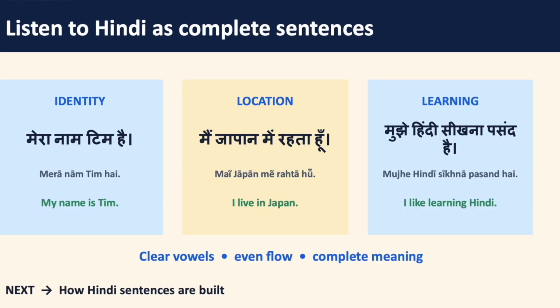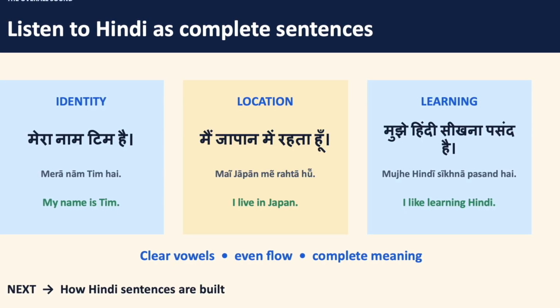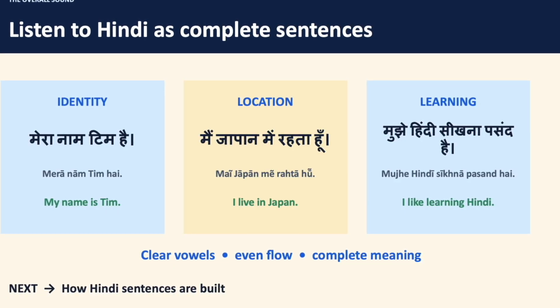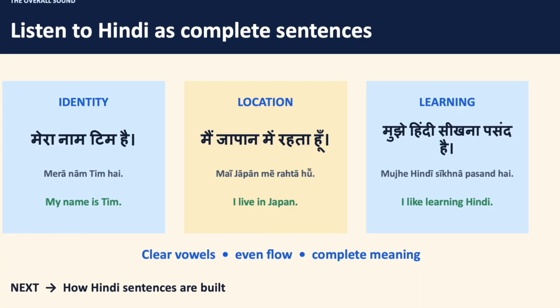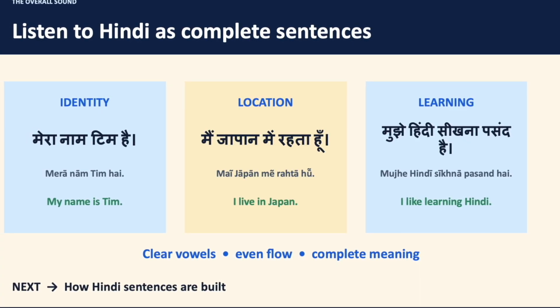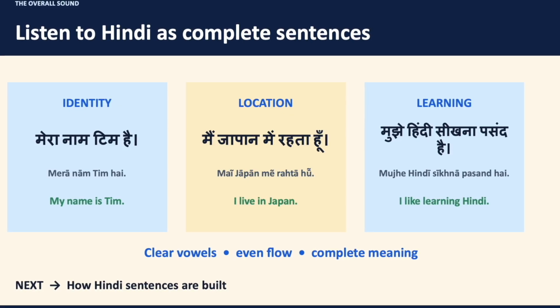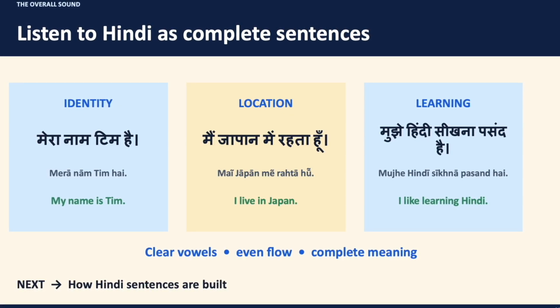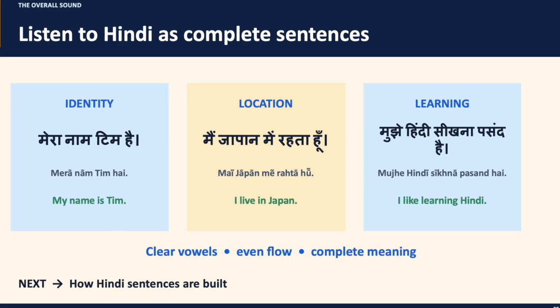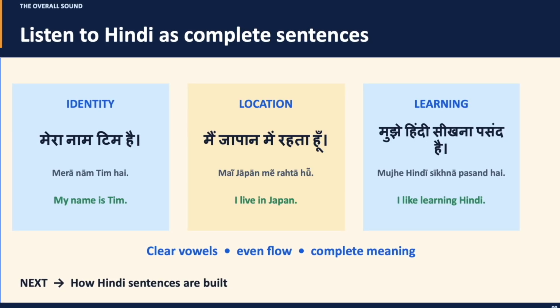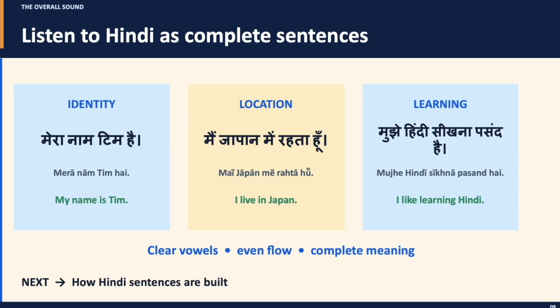Instead, notice the clear syllables, the consonant contrast, and the overall rhythm. Nepali gives me a useful bridge because many sounds in the writing system are already familiar. However, Hindi still has its own rhythm and pronunciation patterns. We can now move from individual sounds to the structure of complete Hindi sentences.